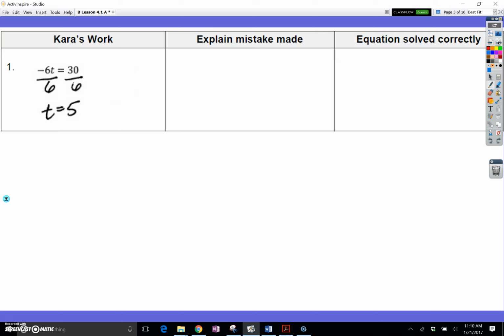Alright, so this is the first example, we're going to look at what Kara did. And as you can see, she's trying to get this t by itself, so she divided both sides by 6. So what she should have done, though, is she should have divided both sides by negative 6. So what mistake did she make? She did not divide by a negative.